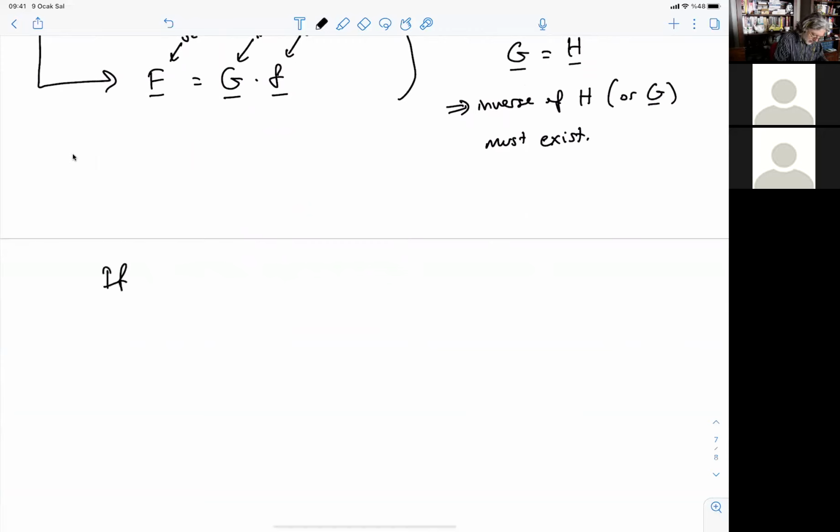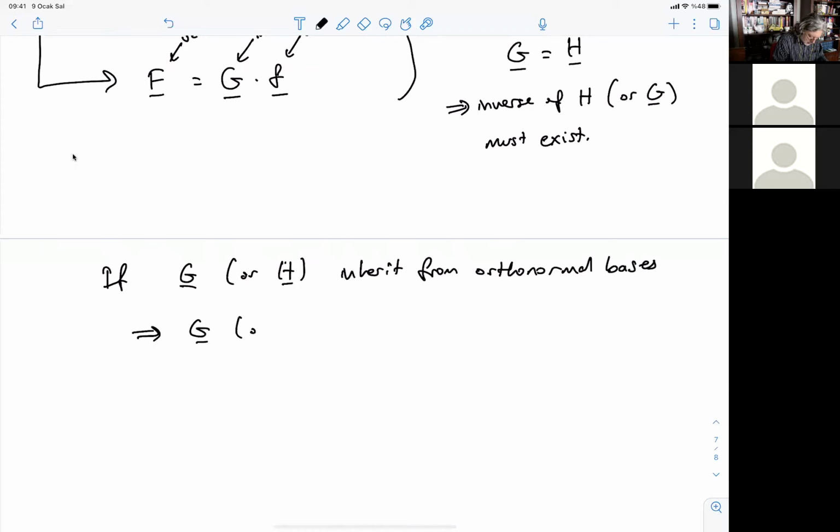So if G or H inherit from an orthonormal basis, then G or H become unitary matrices.